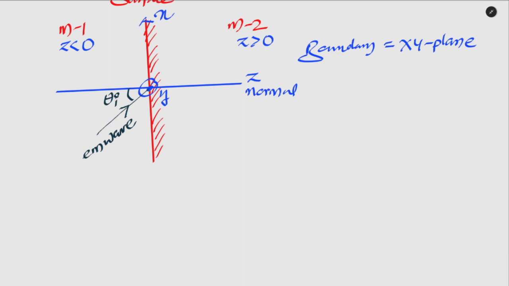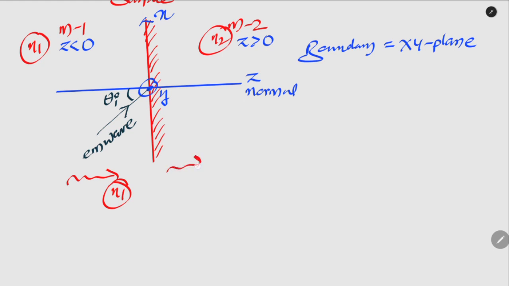Because of the impedance mismatch between the two media, we have taken eta 1 as the impedance related to medium 1 and eta 2 as the impedance related to medium 2. When the wave is striking the interface which is separating the two media, it is seeing a different impedance. When the wave is traveling in medium 1, it sees the impedance eta 1.